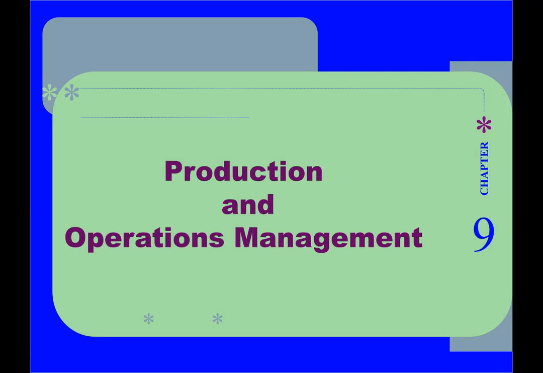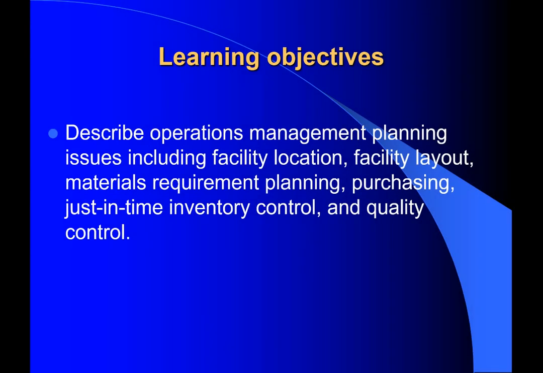So, this chapter will capture what operations management is, and of course, some of the issues that pertain to operations management, such as facility location, facility layout, the MRP, material requirements planning, purchasing, just-in-time inventory, and quality control.